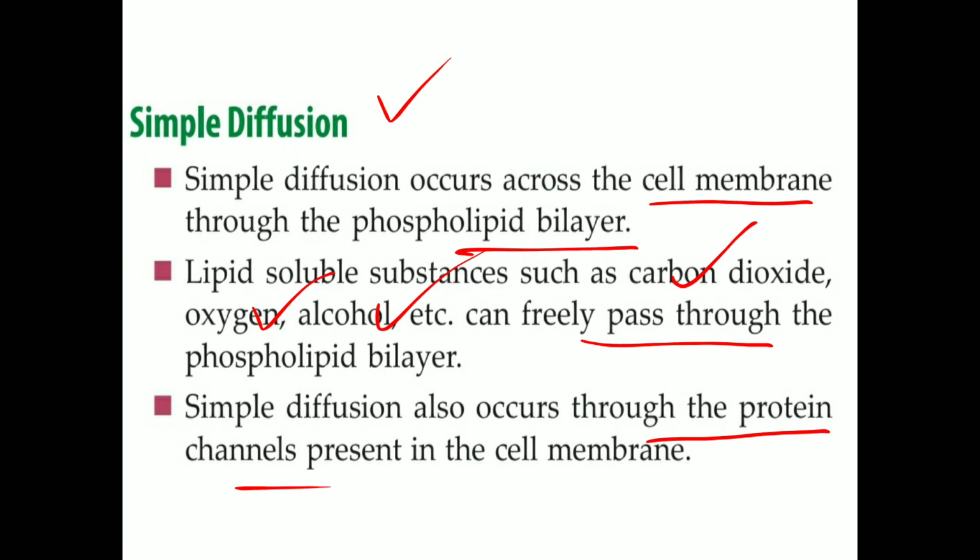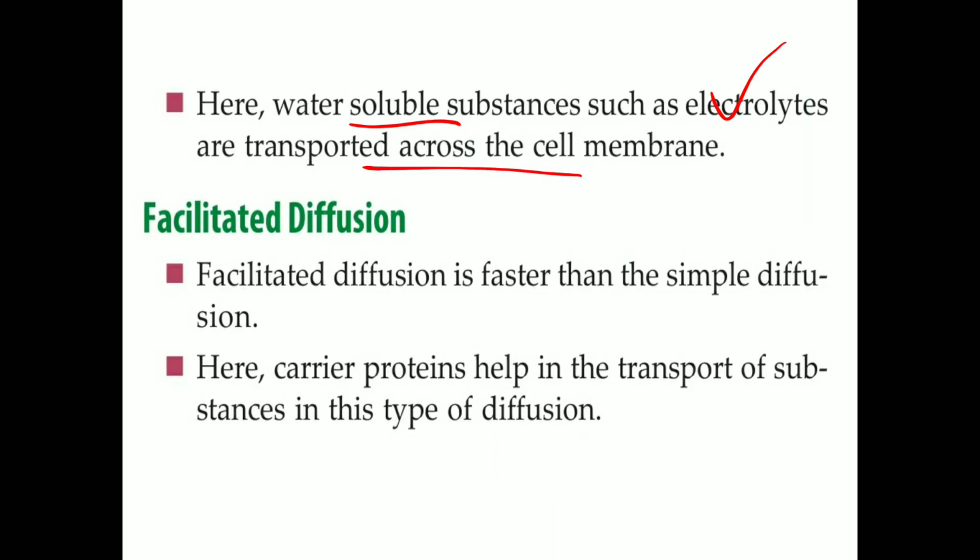So we have already discussed lipid soluble substances, carbon dioxide, oxygen, alcohol. They freely pass through the phospholipid bilayer of the cell membrane, and it can also occur through the protein channels present in the cell membrane. We have seen in the diagram too. And water soluble substances such as electrolytes are also transported across the cell membrane through simple diffusion.